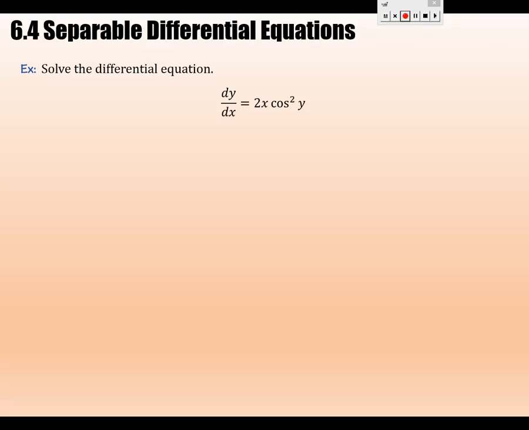Is that obviously separable? Hopefully you're getting a feel for this now. I didn't even say in the instructions to solve the separable differential equation. I just said solve it. Just an IVP.